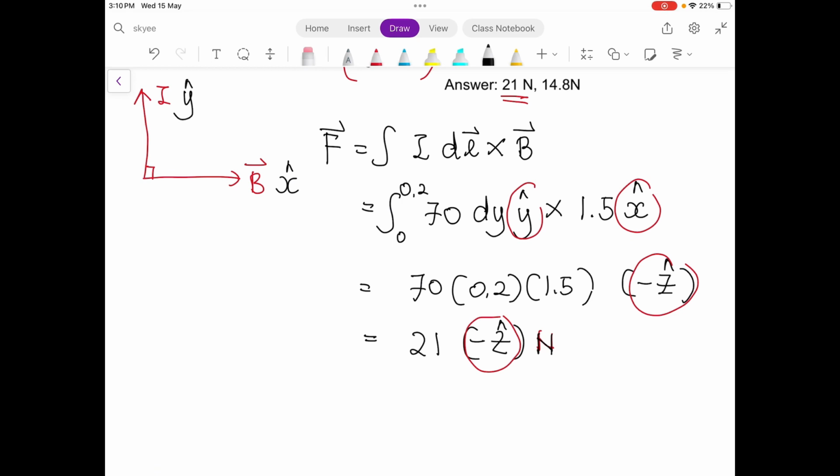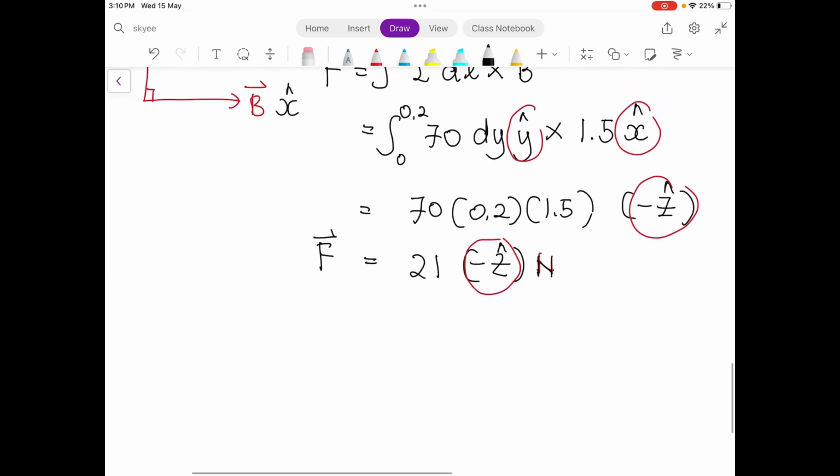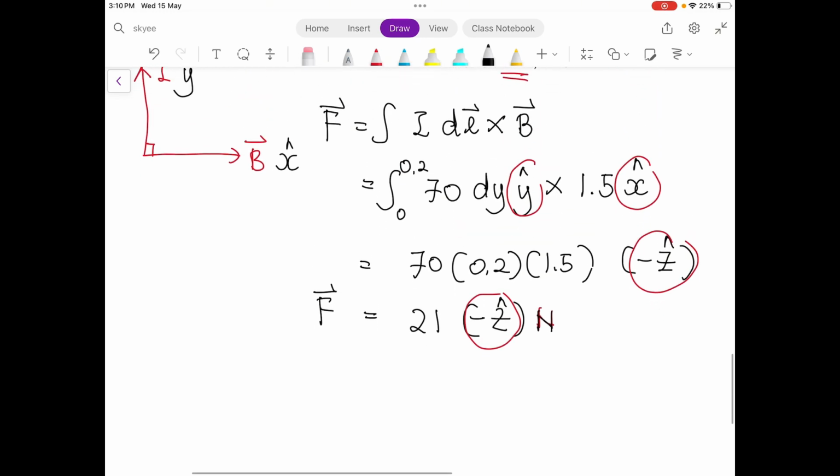If you don't wish to put the directions, you can use the concept of sine theta. Remember, for the cross product, it will be sine theta.